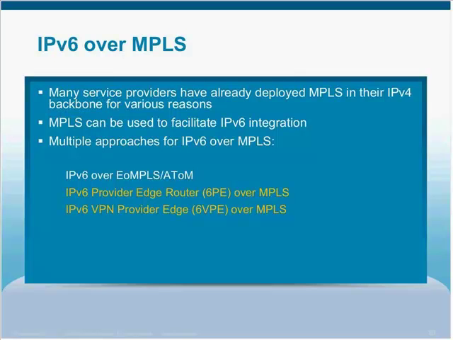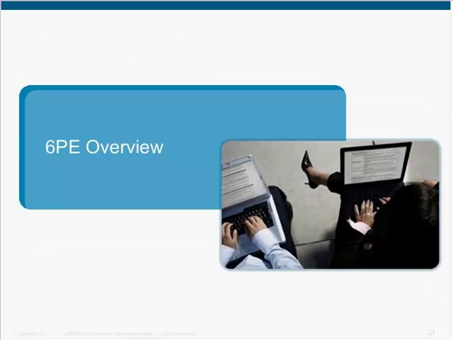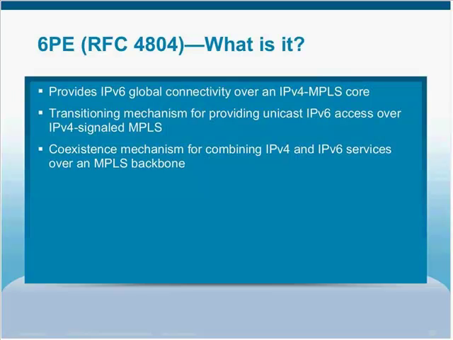Let's talk about the IPv6 provider edge, or 6PE, and the IPv6 VPN provider edge, or 6VPE, in more detail. Let's start with 6PE. Just to mention that 6PE is actually defined in RFC 4804.